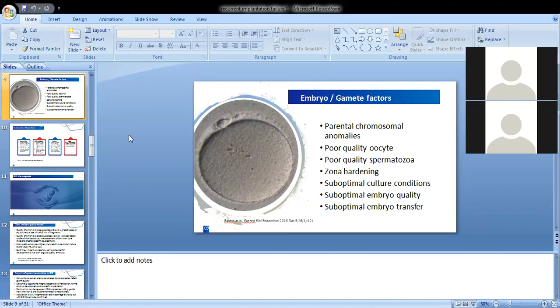On day 3, there is activation of the embryonic genome, and that continues up to blastocyst or hatching. So if you get a good blastocyst, definitely there is more chance of implantation than with a cleavage stage embryo.